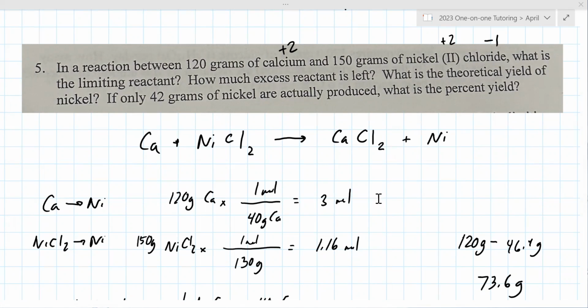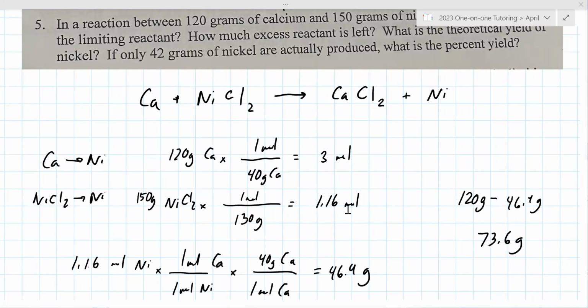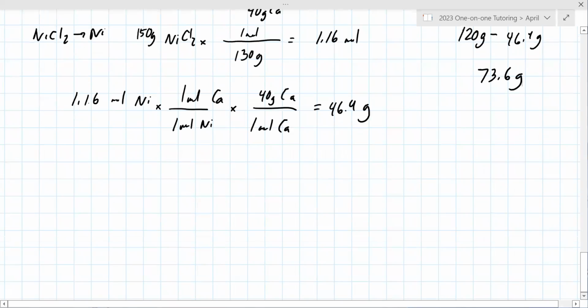So they're saying, and we kind of already did this because we know the limiting one. It's like, okay, we've got just enough calcium and just enough NiCl2 to make nickel now. Like, you kind of reset. So you can start with that 1.16 moles of nickel and then keep going with its molar mass.